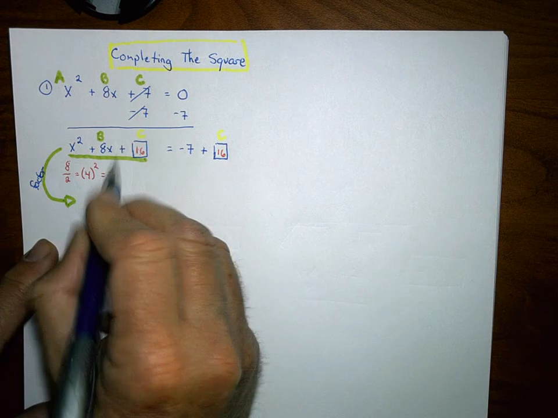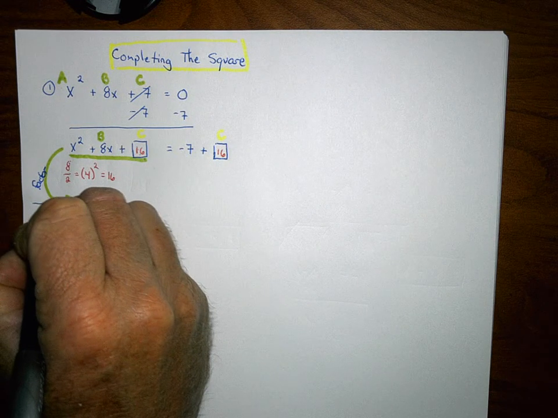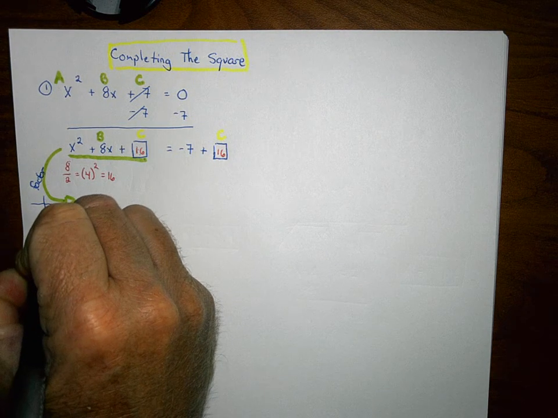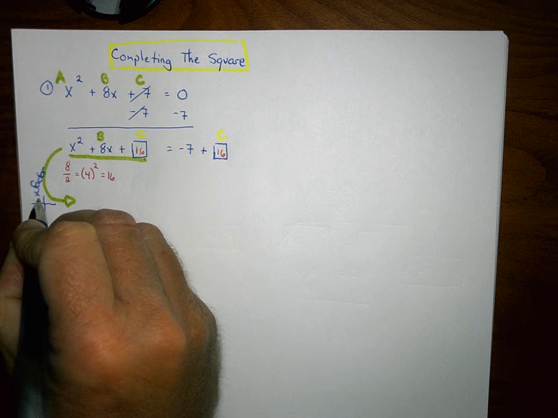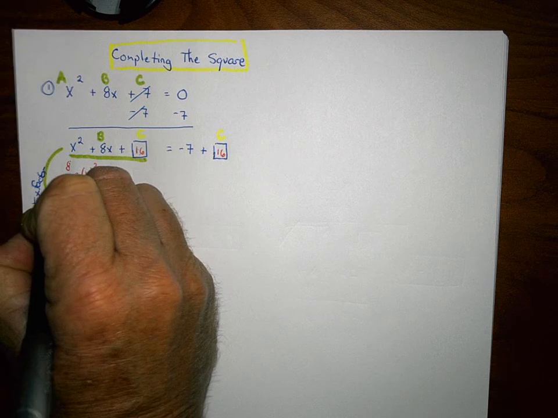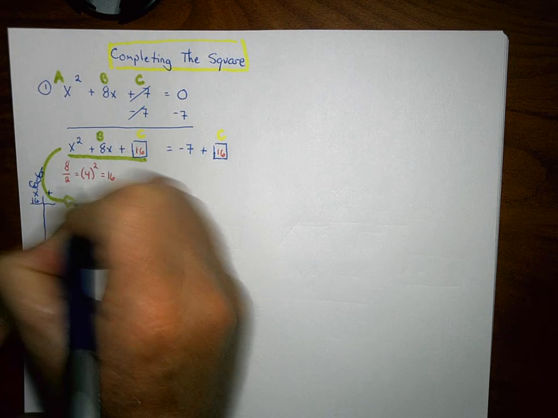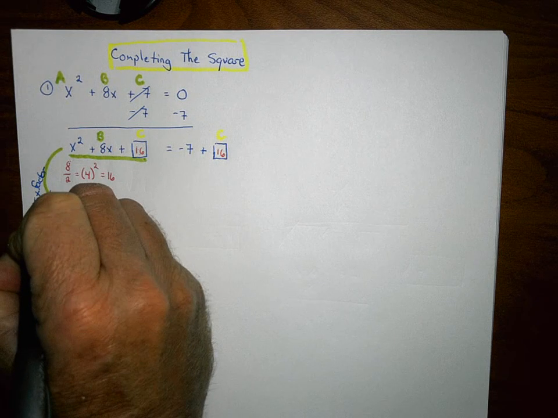So how do we factor that trinomial? Well, remember, to factor a trinomial, think of the t-chart. You're going to have to find 2 numbers that multiply to make your c value, positive 16. But those same 2 numbers are going to have to add to make your b value, positive 8. So I'm going to write down all the pairs of numbers that multiply to make 16.